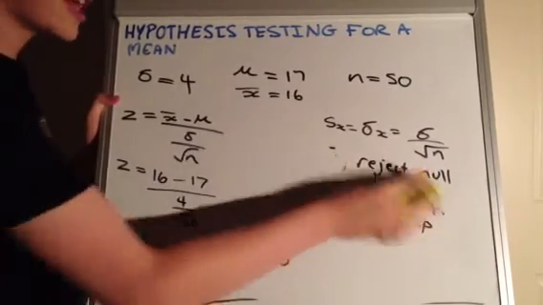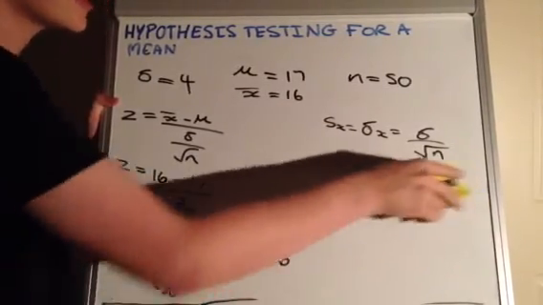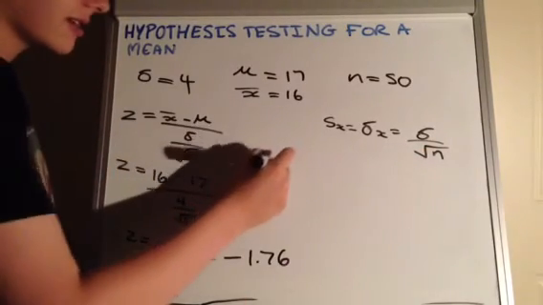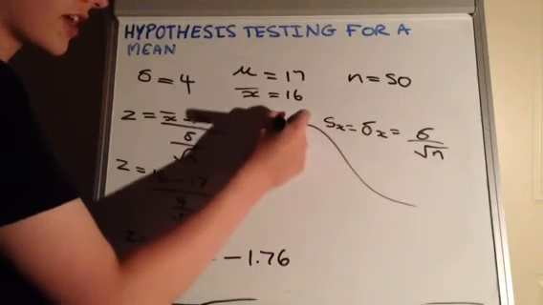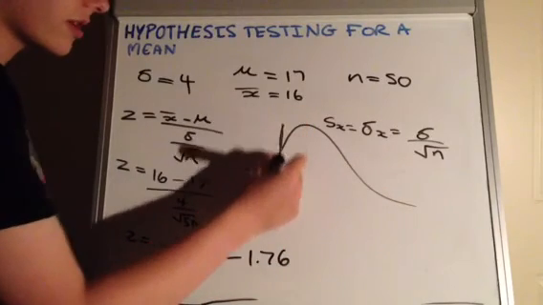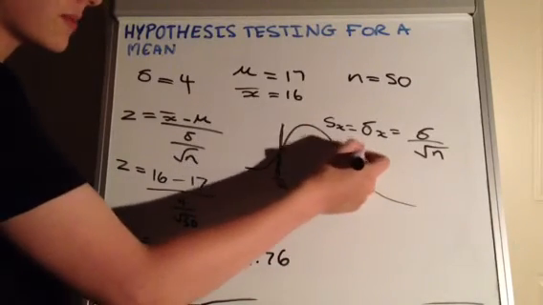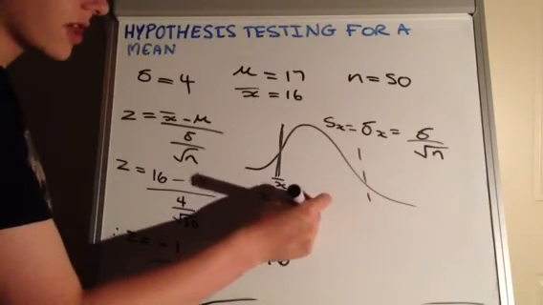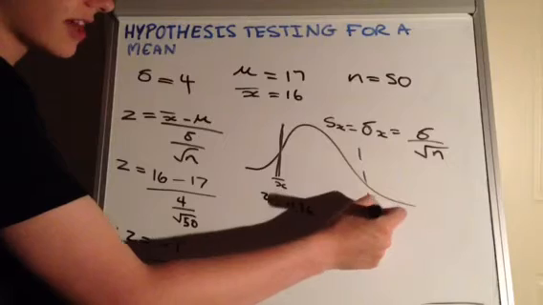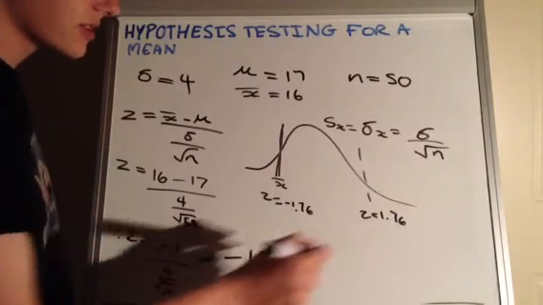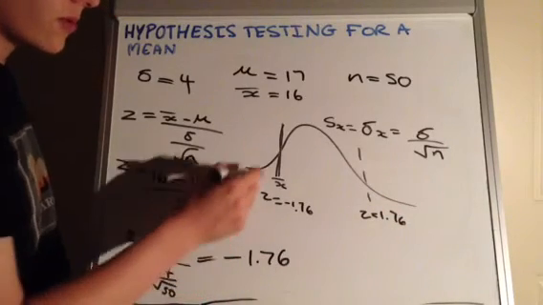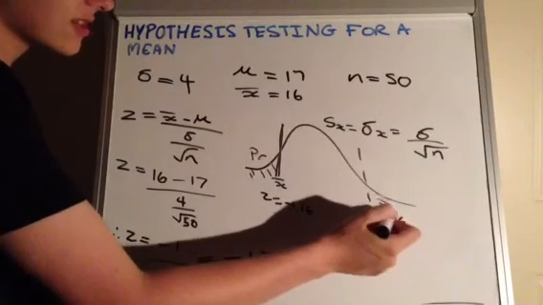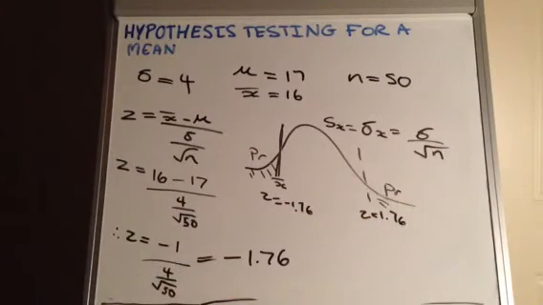So in order to work out our p-value, we first need to conceptually understand what it is. So if we have a look here, we have some value lying out there for x bar, and we have some other value out there. And they both have a z-score. One has it of negative 1.76 and the other has it of 1.76. But from this, what we want to do is work out the probability that's either at that end of the extreme or at that end of the extreme.